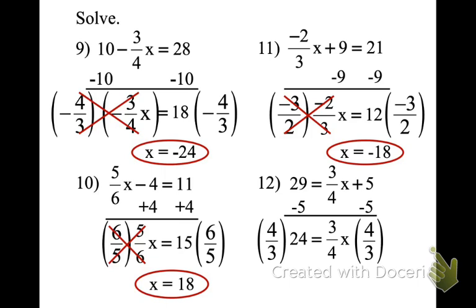On the right side, they're not next to each other, but we can still go numerator to numerator, denominator to denominator. And here, 3 goes into 3 once and into 24 8 times. So that is equal to 32. Okay? X equals 32.